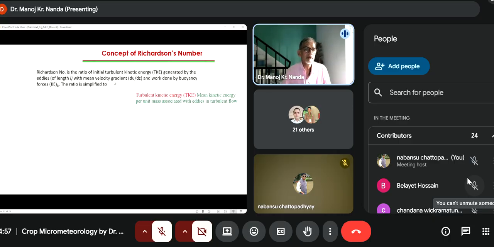So, what is the Richardson number? It is just a ratio of buoyancy kinetic energy and turbulent kinetic energy. So buoyancy force and turbulence force, this ratio defines the Richardson number. This upper part is actually buoyancy, the lower part is the turbulence.